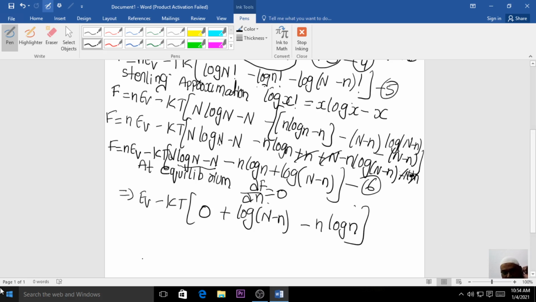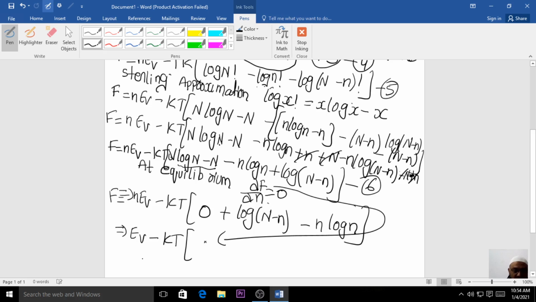So if you differentiate it with respect to n, I am just talking about n itself. Now this function I am differentiating here. So that implies EV minus KT, and log x differentiates to 1 by x.